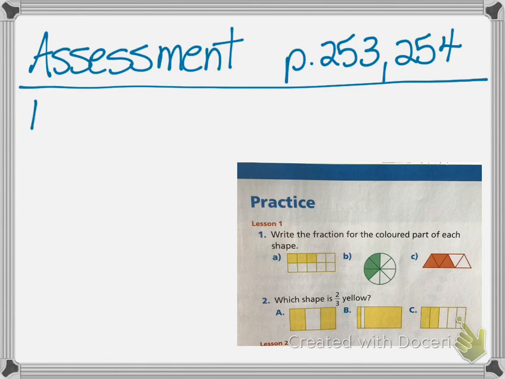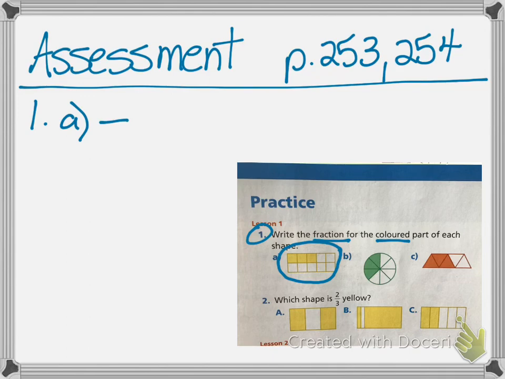Okay? So number 1 on your paper, we have A. Number 1 says, write the fraction for the colored part of each shape. So for A, you need to look at that, and you need to write the fraction that represents the yellow part. So just think back to how we did fractions, what the top number means and what the bottom number means.